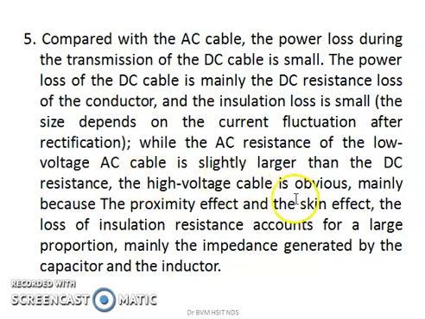For the high voltage cable it is obvious, mainly because of the proximity effect and the skin effect. The loss of insulation resistance accounts for a large proportion, mainly the impedance generated by the capacitor and inductor. You must be remembering that in case of AC, we will have not only resistance, we will have capacitance also, we have inductance also.